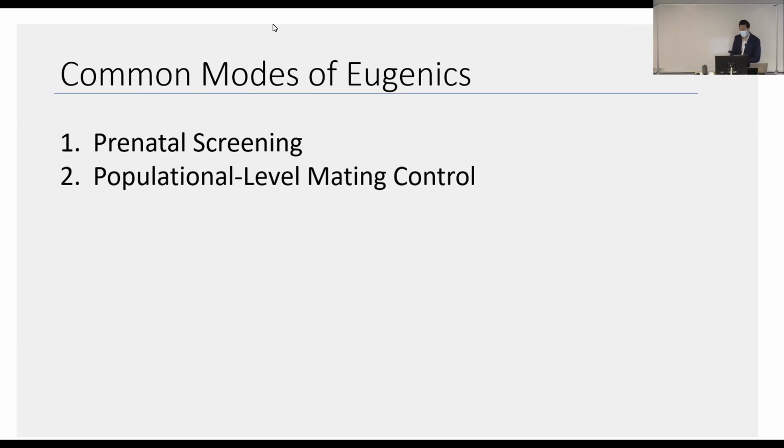We've got population level mating control. This is what I've called it. So I mean, all these things, I've made these terms up. What I mean is, there are all these different types of people in a population. You don't let certain kinds reproduce with other kinds. In fact, you don't let certain kinds reproduce at all.